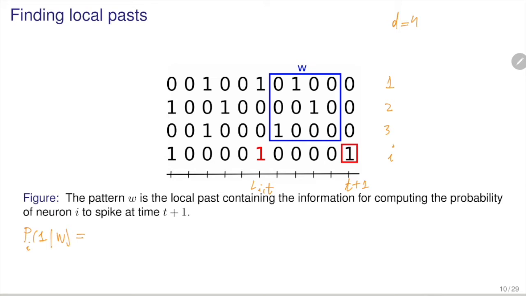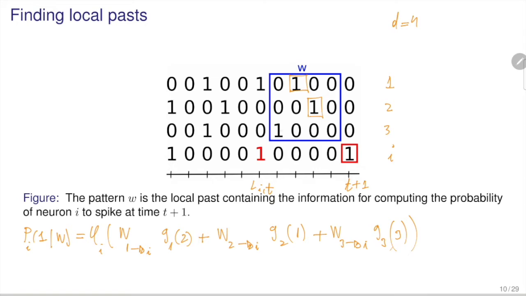Okay? So in this case, the probability that neuron i spikes at time t+1 given this past is phi_i of W_{1→i} times g_1 evaluated at 2, because the distance between this spike and time t is 2, plus W_{2→i} times g_2 of 1, because the distance between this time and time t is 1, plus W_{3→i} times g_3 of 3, because the distance between this spike and time t is equal to 3.